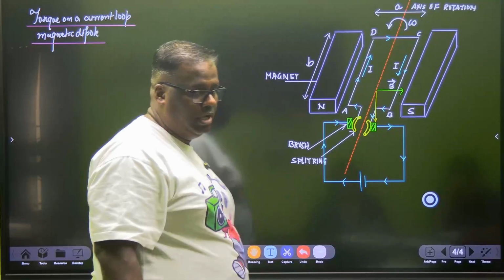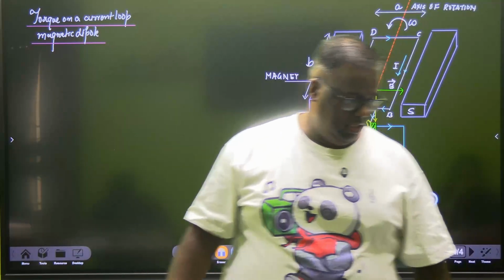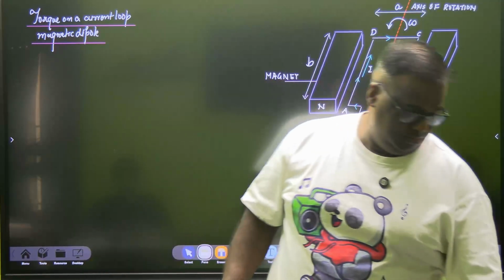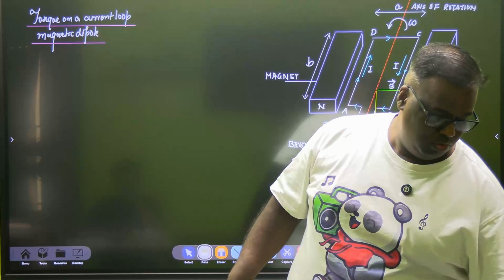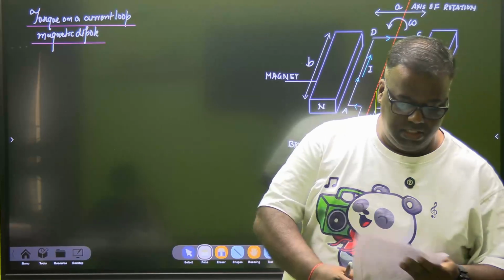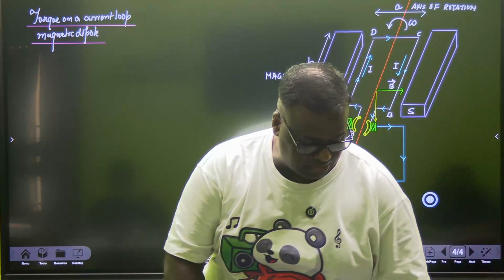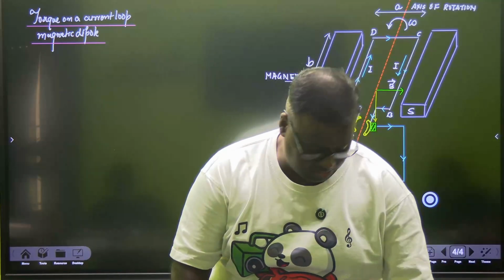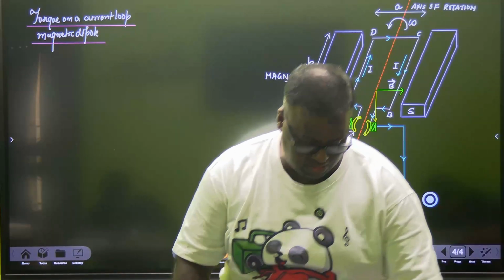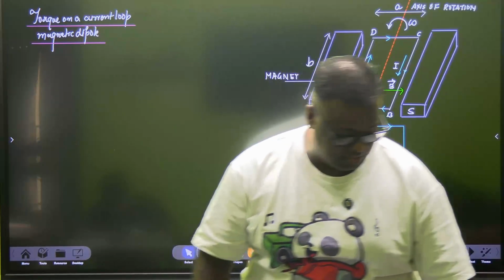If you're done with your diagram, you can write down a few things. Let's write down our considerations first. So we have a rectangular loop carrying current I. Write it so that you do not write every time consider.